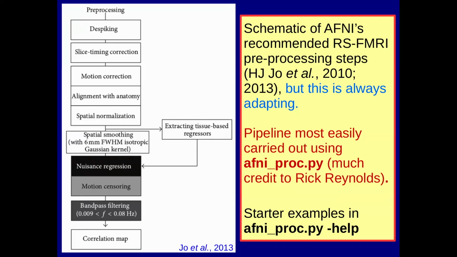What we want to do now is think about our processing as a set of steps of cleaning up the data, getting rid of bad things we don't want in there, and accentuating and preparing the things we do want in there for our analysis. You can think about that as an algorithm or flow chart about different things we want to get rid of. So for example, despiking appears here.